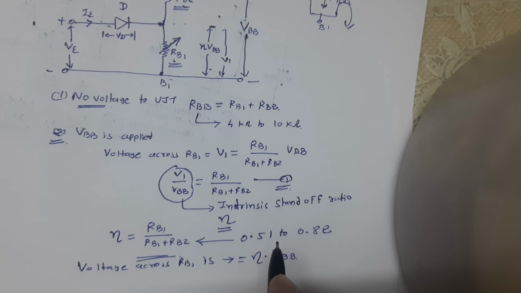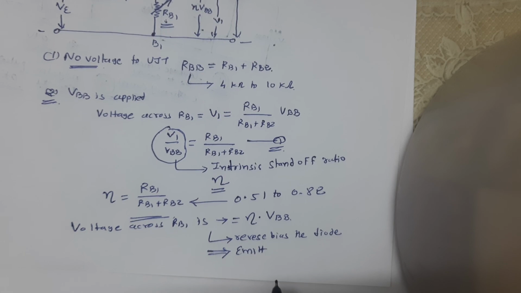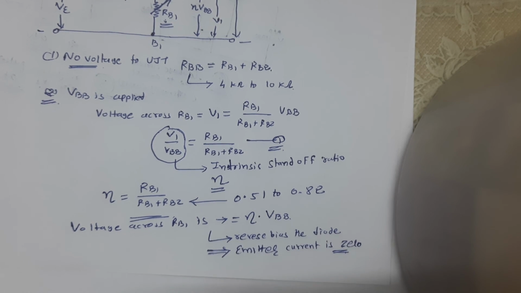The voltage eta VBB appearing across RB1 reverse biases the diode. Therefore, the emitter current is 0.